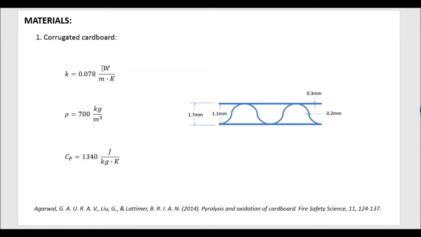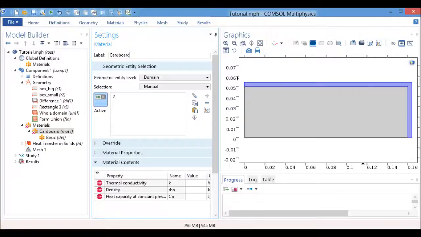We know they are constant in our study. Well, the corrugated cardboard is slightly different from just cardboard. About the thermal properties of corrugated cardboard, if you want to check it, but basically thermal conductivity is this value, 0.078, and the units are the same.